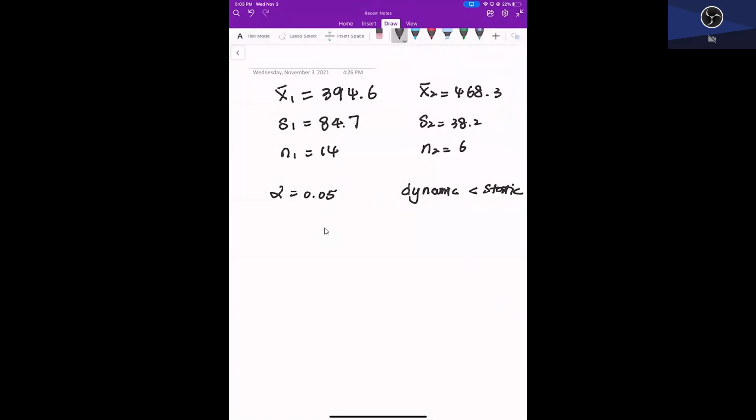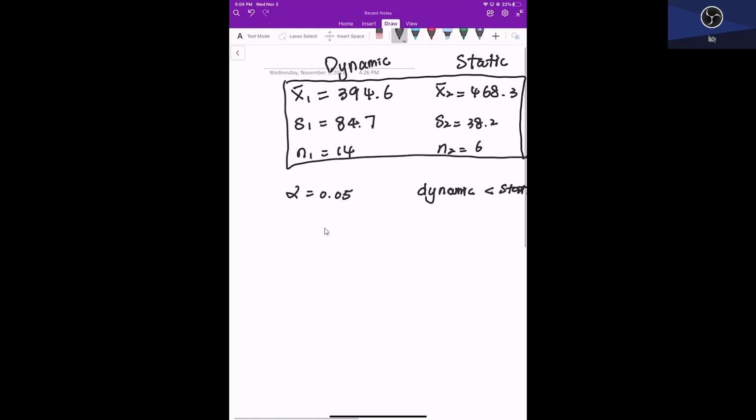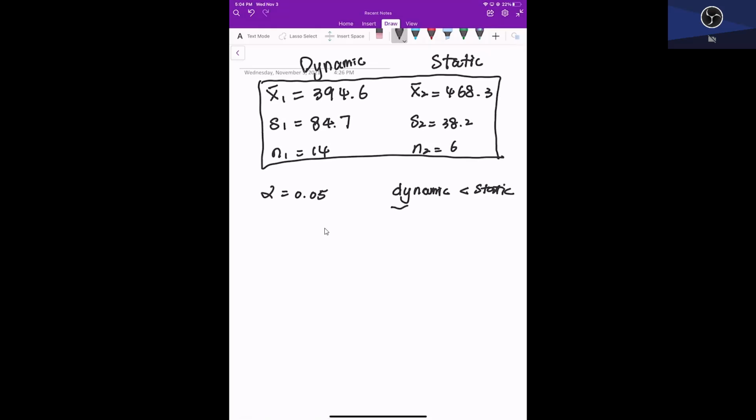So this is our dynamic case, and this is the static case. And then we have those basic statistics data. Alpha equal to 0.05 is something we got from the question sentence. For dynamic, the less than or equal sign is where the question sentence comes from.